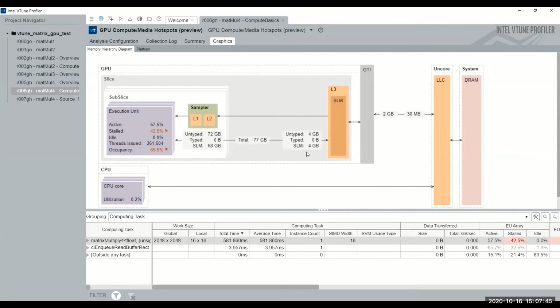And in addition to that, VTune is using GTPin, an instrumentation engine, which instruments the code dynamically on the fly and provides the information about the source code.